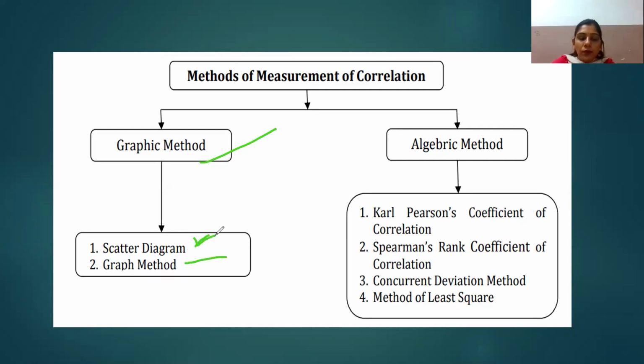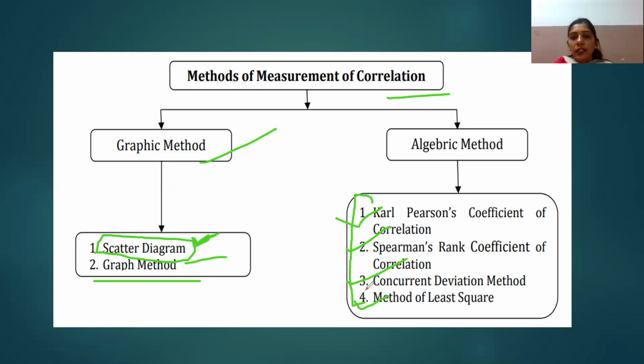This scatter diagram is the most commonly used method, and it is used by various researchers while doing research. And the second method is the graph method. When we do the algebraic calculation of correlation, the methods are Karl Pearson coefficient of correlation, Spearman's rank coefficient of correlation, concurrent deviation method, and method of least square.